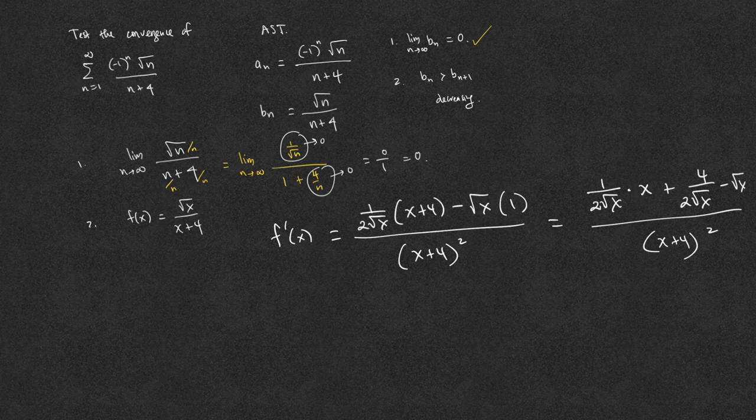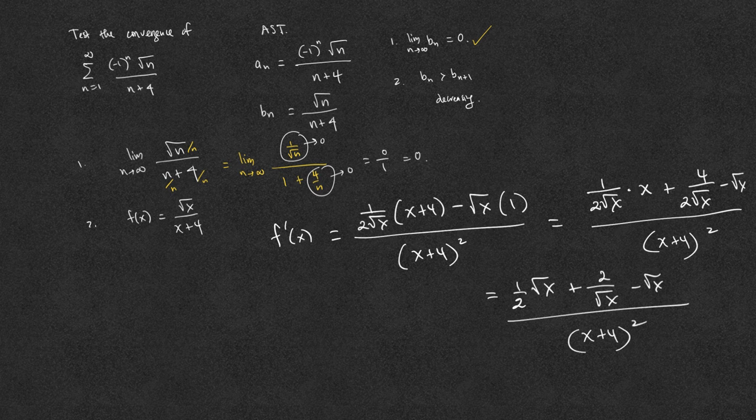Over x plus 4 squared. In the numerator, x over the square root of x is the square root of x, plus 4 over 2 is 2 over root x, minus root x, and the denominator is x plus 4 squared.